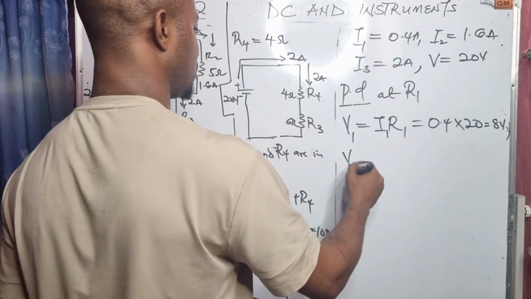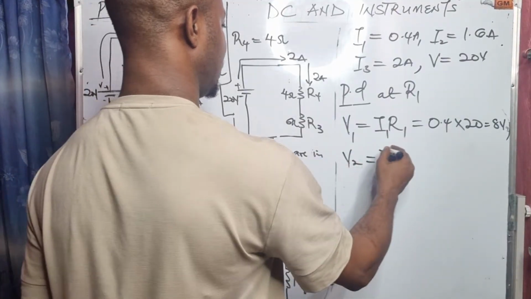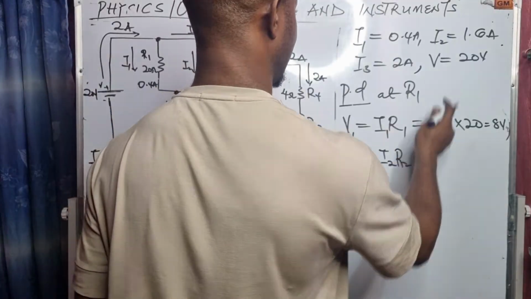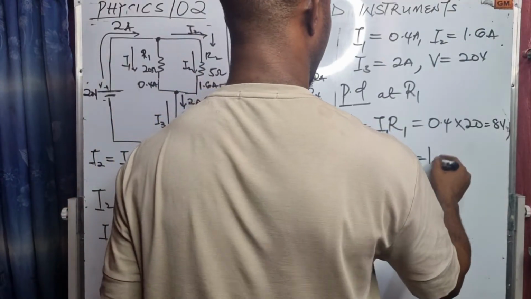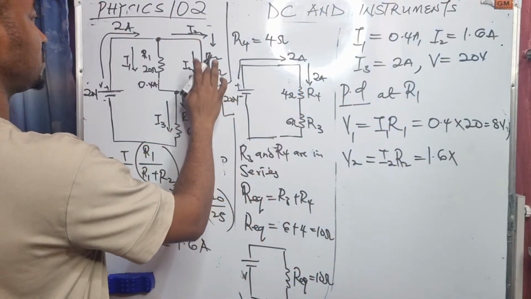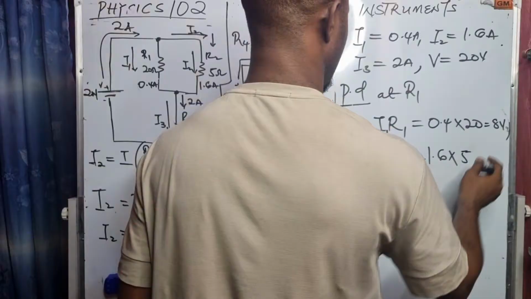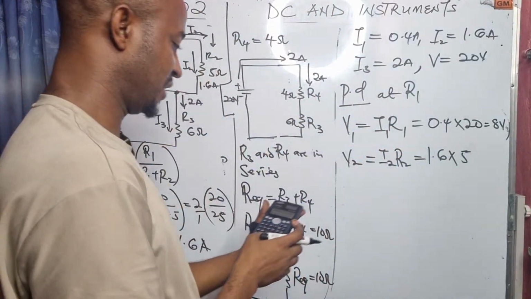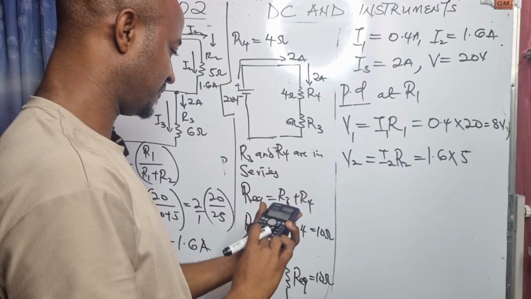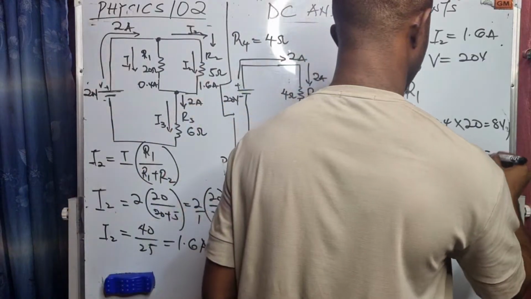So for V2, it is I2 R2. I2 is 1.6 times our R2, which is 5. Multiply 1.6 by 5, the result is also 8 volts.